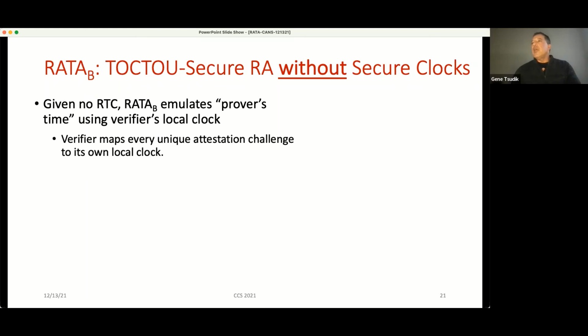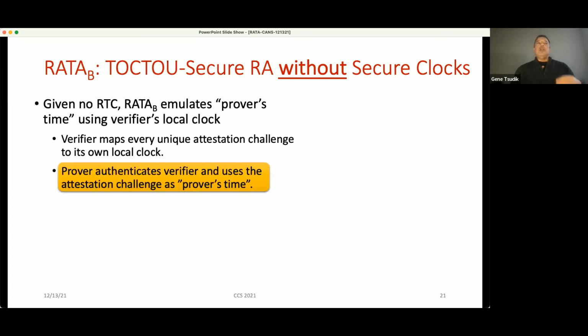Whenever it wants to challenge the prover, the verifier uses its local clock reading, which we assume is reliable and secure because the verifier is a trusted and much more powerful device, as its challenge. When the prover receives that request to perform attestation, it will receive the challenge, but it would also authenticate the challenge.